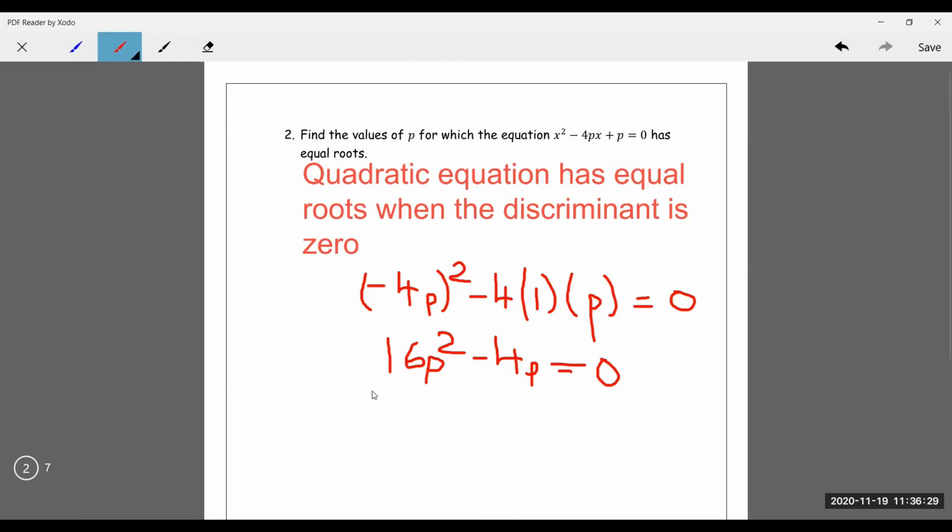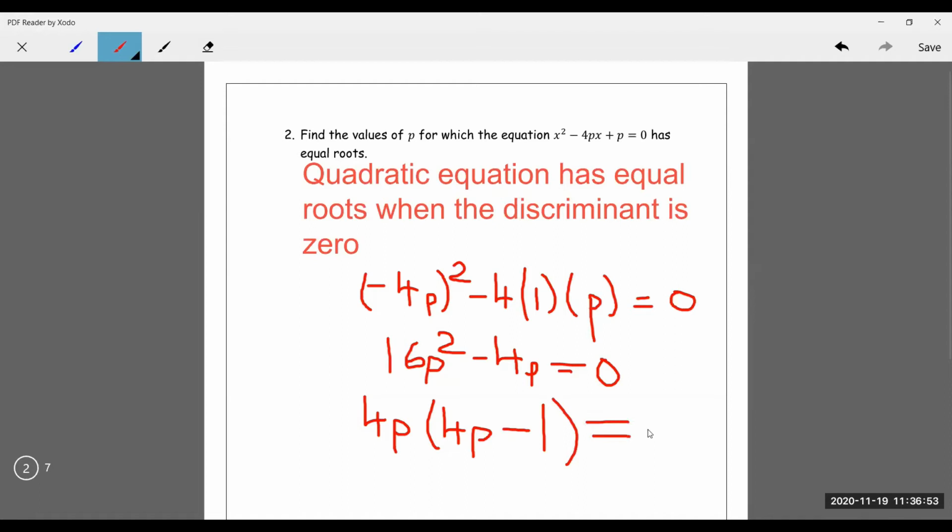To solve this equation, what we can do is factor out 4p. So let's go ahead and factor out 4p. Factoring out 4p, we're left with 4p, and then minus 1, and that's equal to 0.